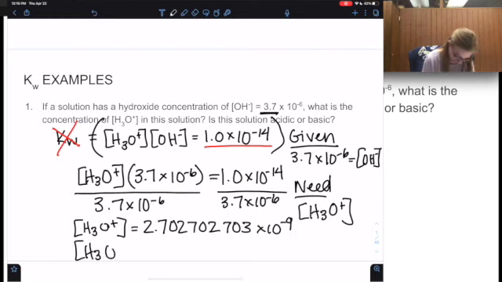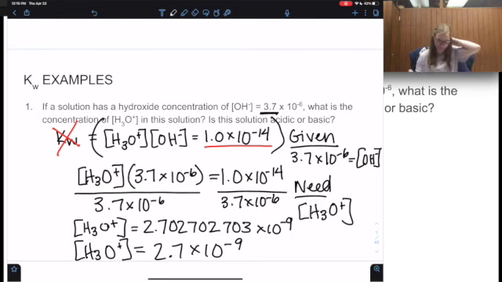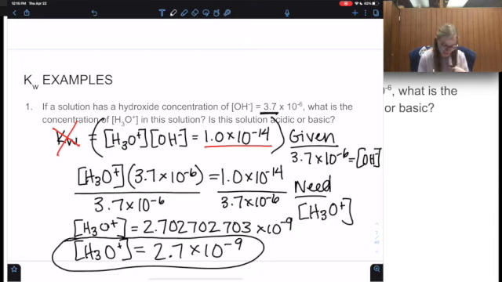My answer is H3O+ concentration equals 2.7 times 10 to the minus 9. This is my final answer. And because I've written it with square brackets around the H3O+, I can assume that my concentration is 2.7 times 10 to the minus 9 molar. I just don't have to write the M because the brackets already tell you.